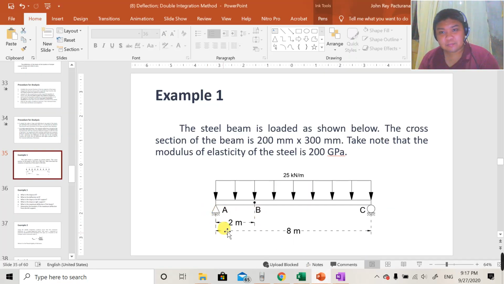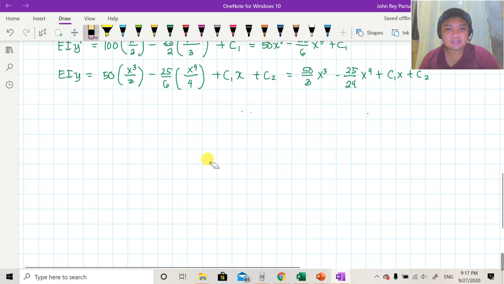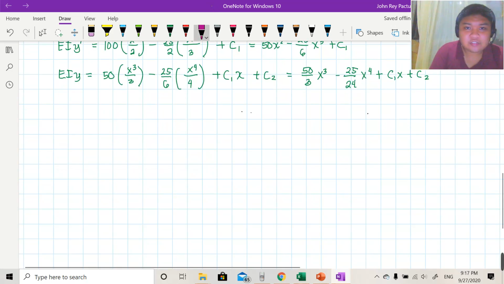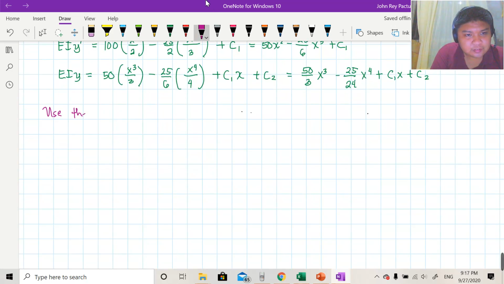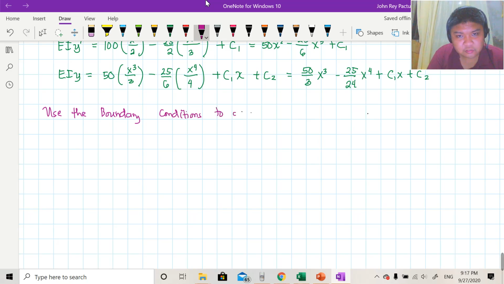So, case in point, yung point A natin, this is a boundary condition, ganun din yung point C. So, ang next step, after performing the DIM, of course, use the boundary conditions to solve for C1 and C2. So, paano yon?